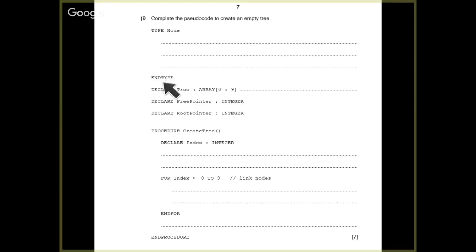Acha, so type node and type. So we have to create that abstract data type, left subtree, right subtree, and name. So this would be left pointer, right pointer. Declare left pointer as integer.